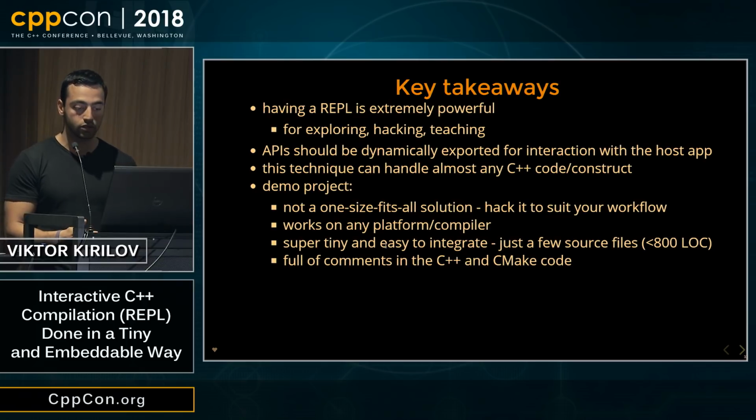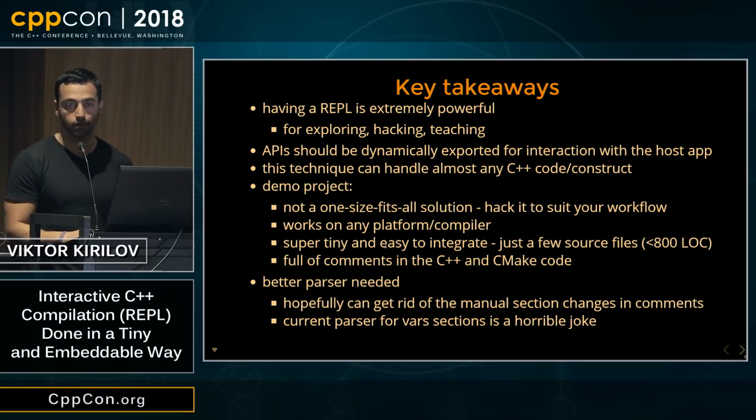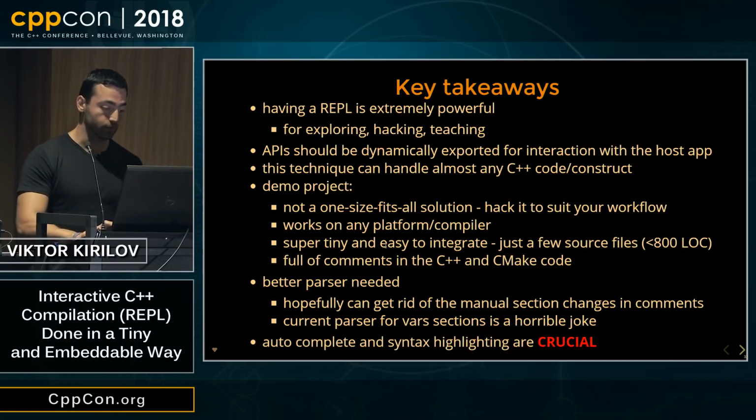It's very tiny and easy to integrate, and it's full of comments so you can easily understand it. Also, it would be a good idea to have a better parser for not needing the explicit annotations with the comments of the sections, and also to have a more robust parser for the var types, for the globals. And yeah, syntax highlighting and autocomplete are crucial.